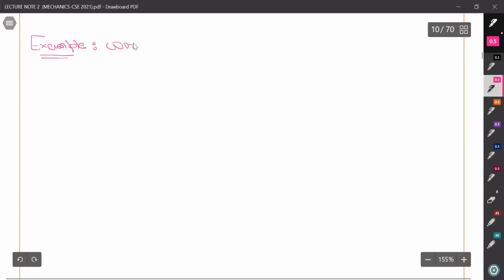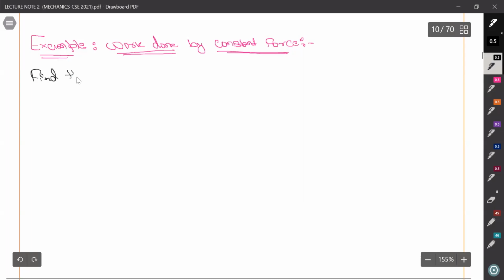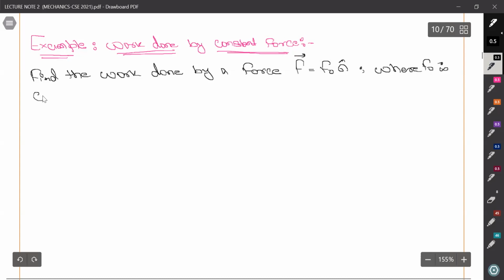Work done by constant force. Find the work done by a force F equals F naught n cap, where F naught is constant, and n is a unit vector in some given direction.